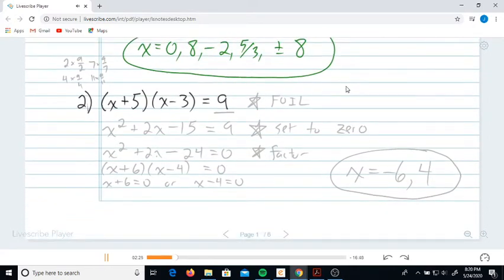product property. Now it's very important that everything is factored to apply this property, and it's very important that it's set to 0. So if you look at number 2, notice this product is not set equal to 0. So the factoring is actually kind of useless here. You might think, well, if something times something equals 9, then those numbers have to be either 1 times 9 or 3 times 3, because those are the only factors of 9. Well, you'd be incorrect.